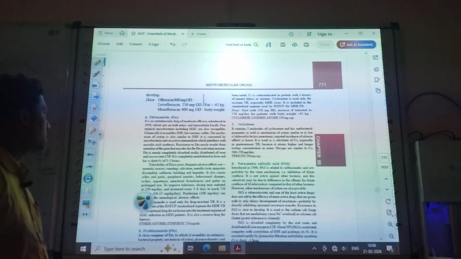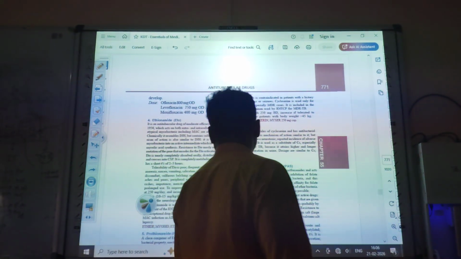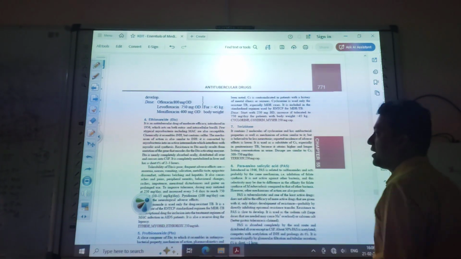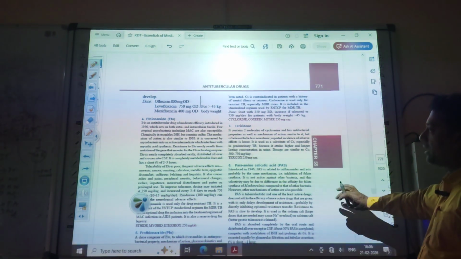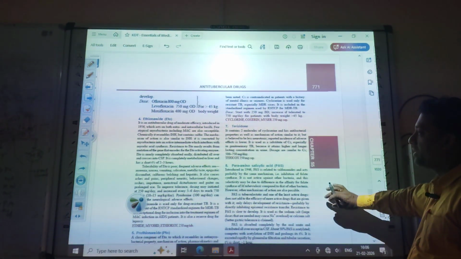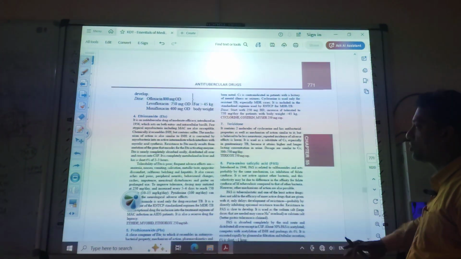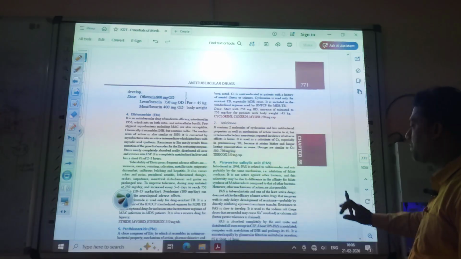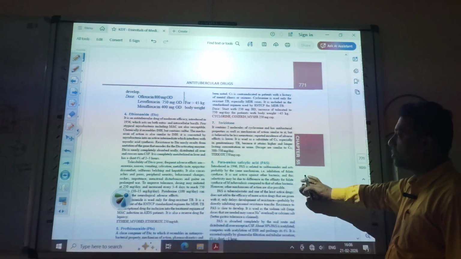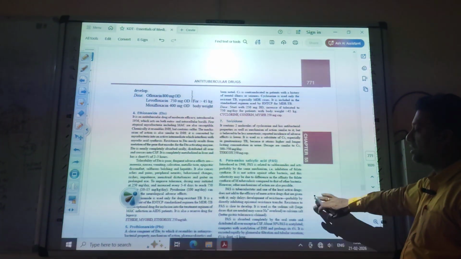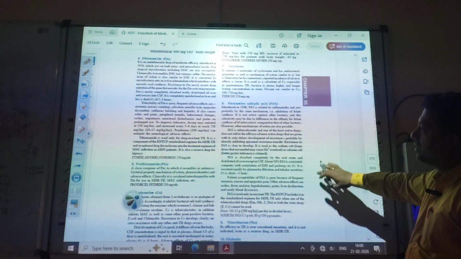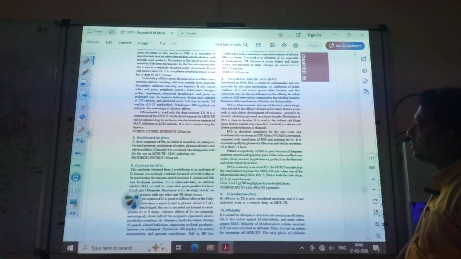Okay. Tolerability of ethionamide is very poor. Frequent adverse effects are there, like nausea, vomiting, salivation, metallic taste, epigastric discomfort. The upper part of the GIT discomfort is known as epigastric discomfort.